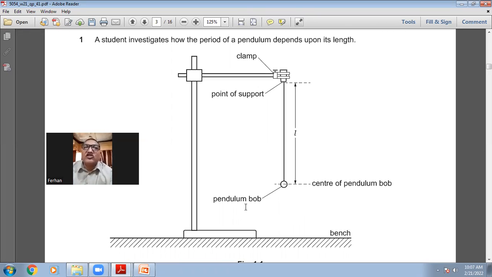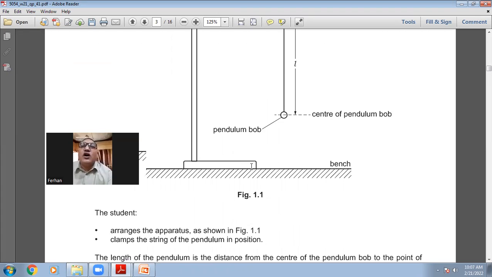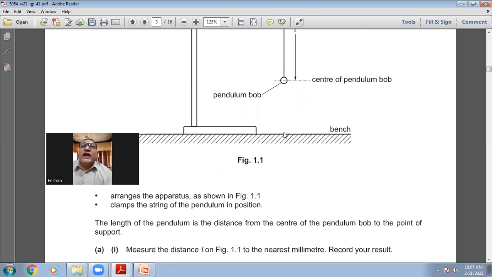We want to know how much is the time period of this pendulum. We will check the length and we will note down the time period of this pendulum. And this is the bench.